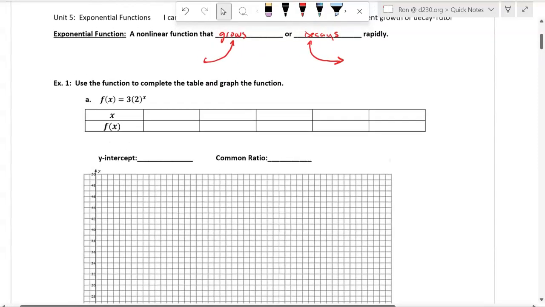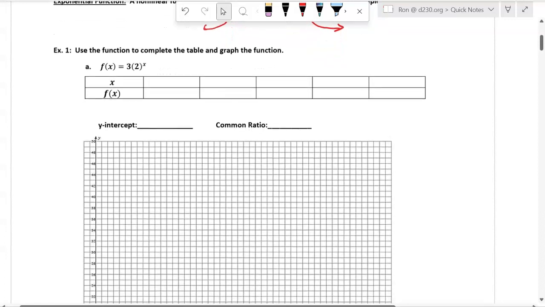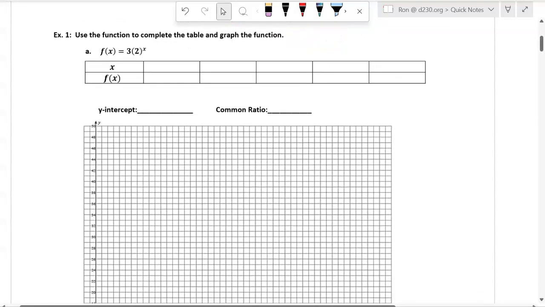Now, when we graph these exponential functions, the easiest way to do it is pretty much a table of values. And all I'm going to do is pick x values to plug in. I always like to start with, say, you can start at an x value of 0 or -1, -2, doesn't matter. I'll start here at 0, 1, 2, 3, and maybe I'll put a -1 in there.